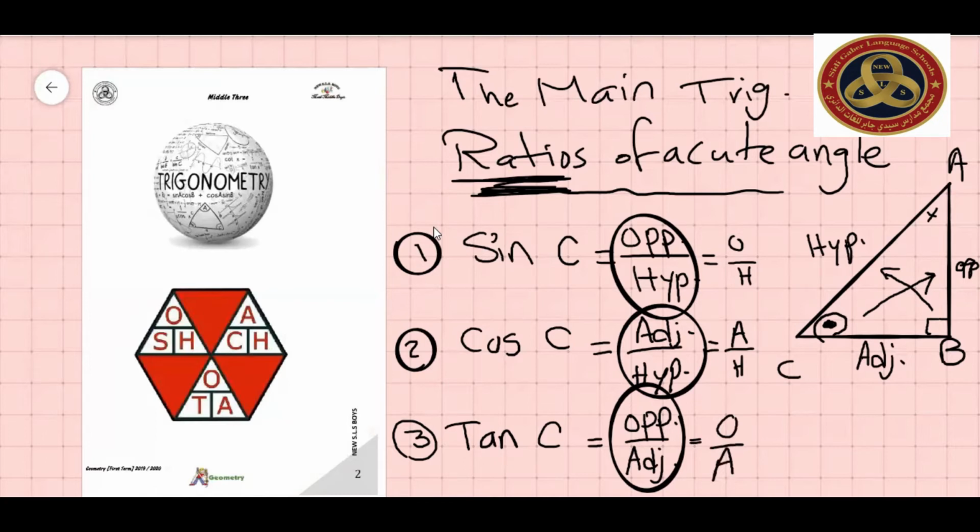Okay? We can study these rules in an easy way from this magic triangle. This is the sine, equal opposite over hypotenuse. And the cosine equals adjacent over hypotenuse. Excellent. And the tan equals opposite over adjacent.